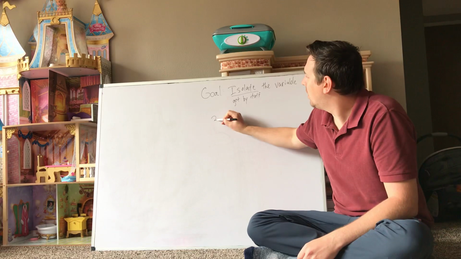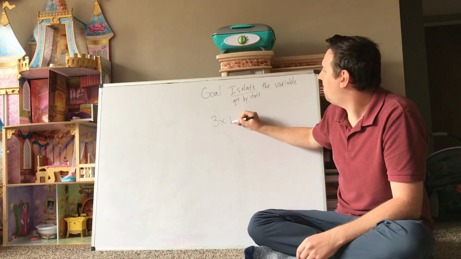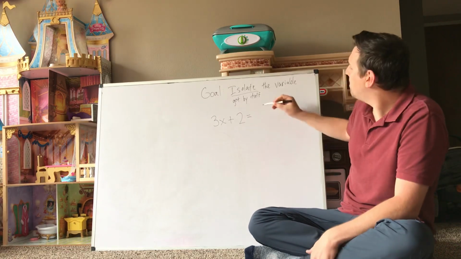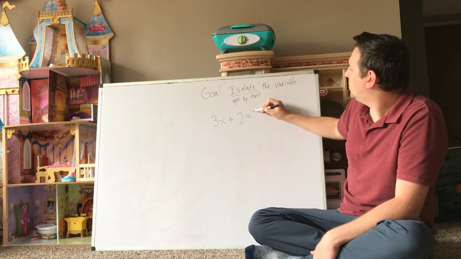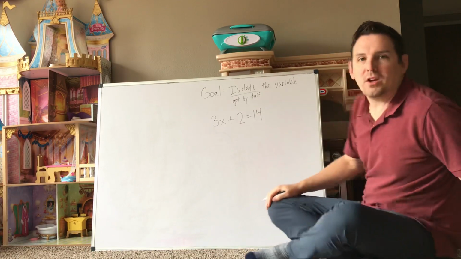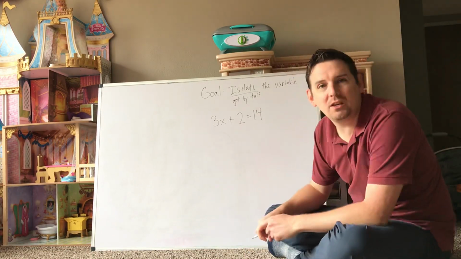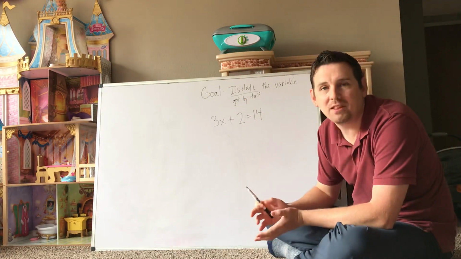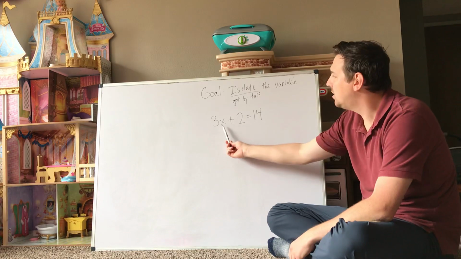Okay? We're going to just start with a very simple two-step equation. So here we have 3x plus 2 equals 14. The goal of this problem is to get the letter by itself, get the variable by itself, isolate it. Here's the x.